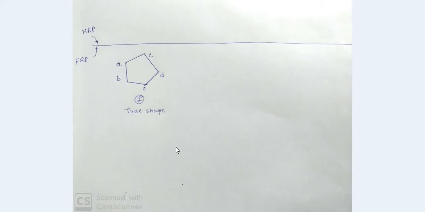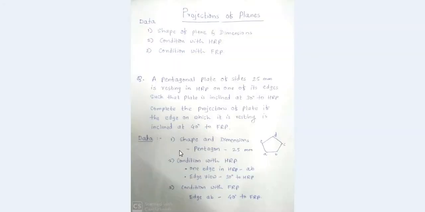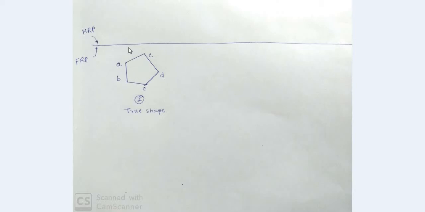In our problem, if you see, the condition with respect to HRP is with respect to edge of the plane. That's why in the first step, while drawing pentagon, we have to draw edge first on the left hand side.